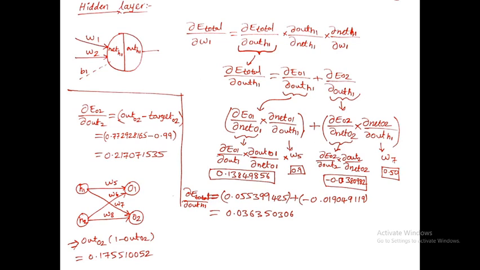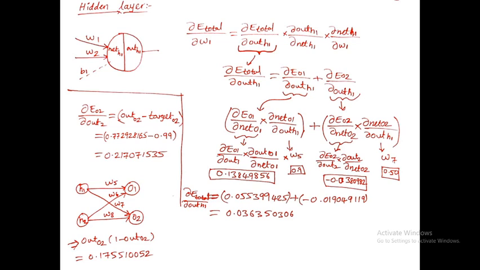Like error on out_H1, see the diagram, out_H1 on net_H1, net_H1 on W1. If you cancel all those things, you will get at the end ∂E_total/∂W1 only. But we rewrote it in terms of 3 terms.